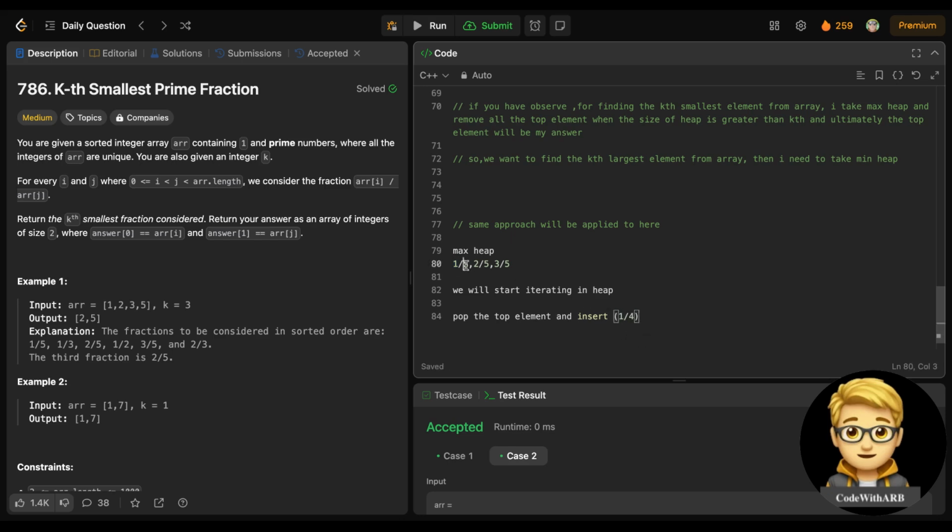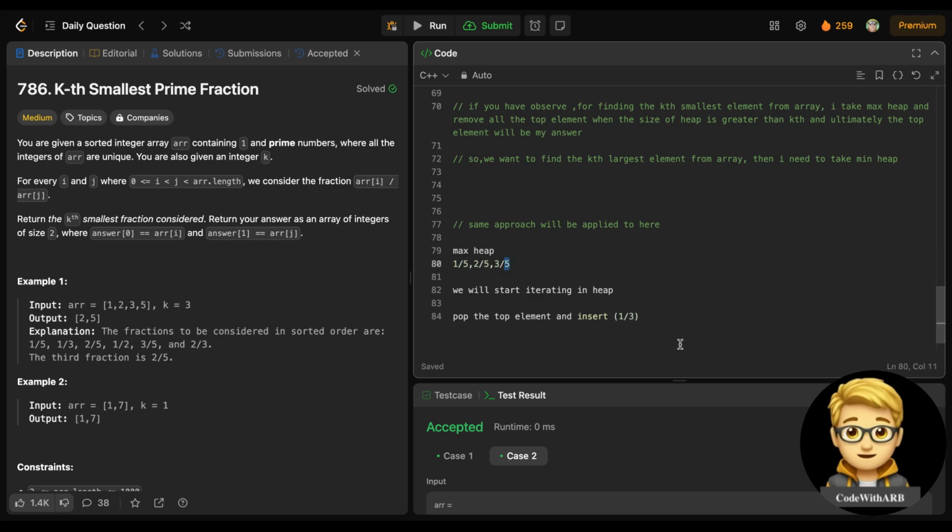Why am I decrementing this 5 value? Sorry, this will not be 4, this will be 3, because the elements here are 1 2 3 5. If we do not decrement this, we will not be able to find all the possibilities that give me the kth value. This 1 2 3 will ultimately come, but in this denominator 3 will not come if I don't decrement it, right?